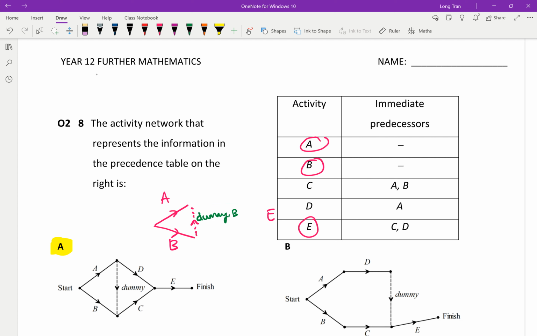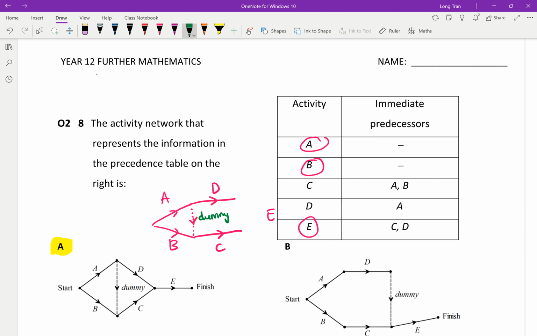And so I'd probably, since D comes from A and I needed B to connect with C as well, then the best way to do it is like that, D, C, and then do a dummy line that connects A to C. So that way, C, A, and B are all precedence, and D only has A. Don't forget to write the dummy.